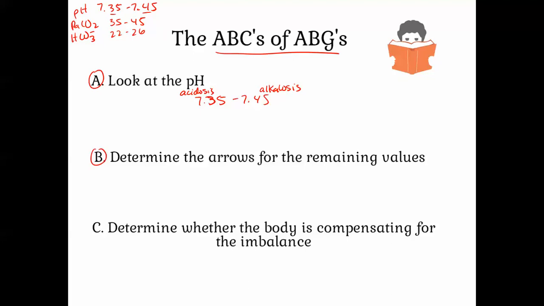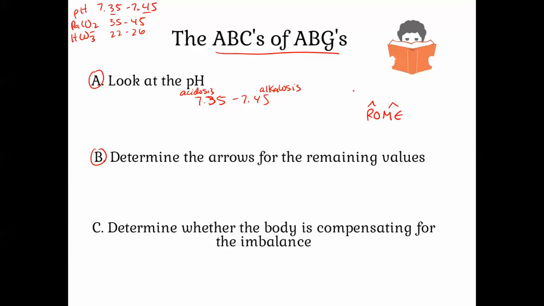Moving on to step B. You want to determine the arrows, or the direction, in which the remaining values are going compared to the pH. And this is what tells you the type of imbalance, whether it's respiratory imbalance or metabolic imbalance. The key factor here is remembering the Rome method.